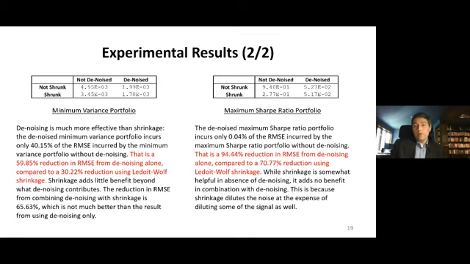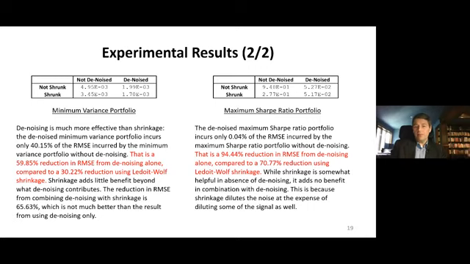However, when we denoise the correlation matrix, now there is a substantial improvement. In fact, we are able to reduce the root mean square error by 94%. Now, having worked in finance for over 20 years, it is rather unusual to find situations where a particular method can be so effective.